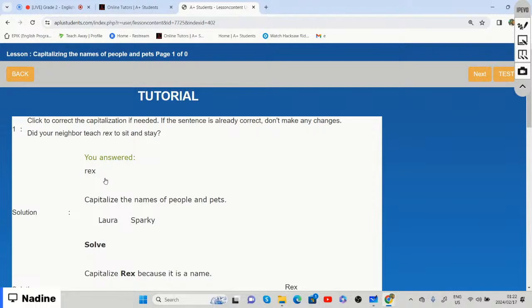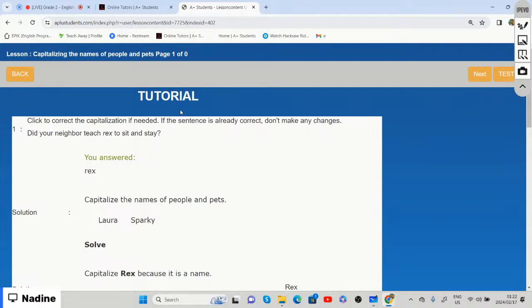So we're going to look at our sentences or activities before we go to our test, right? We say that we capitalize names of people as well as names of pets. So now it says you need to click to correct the capitalization if needed.